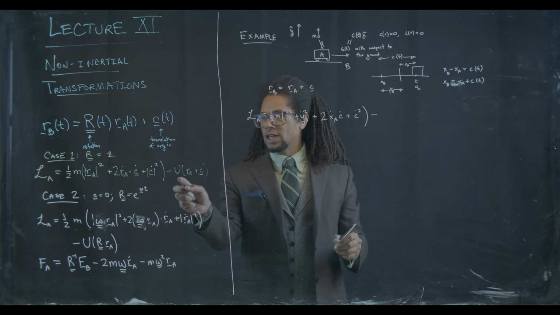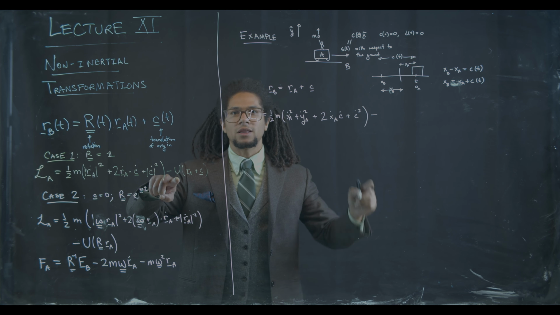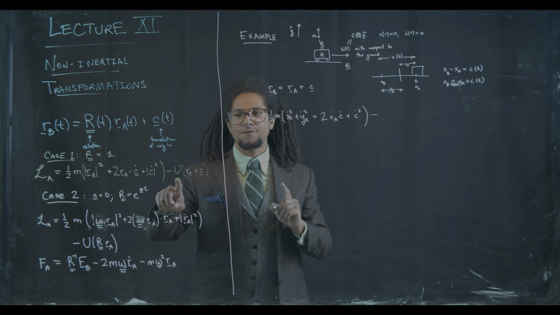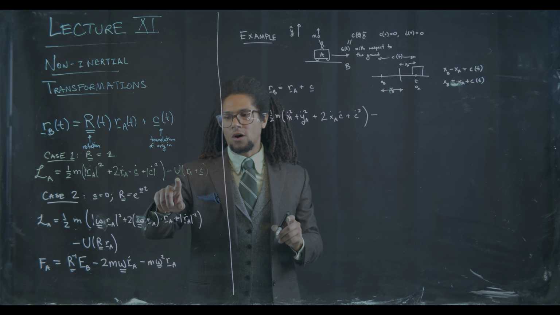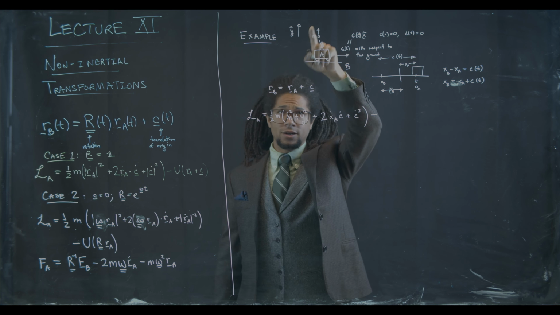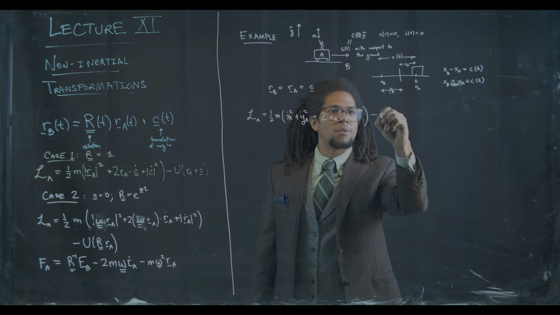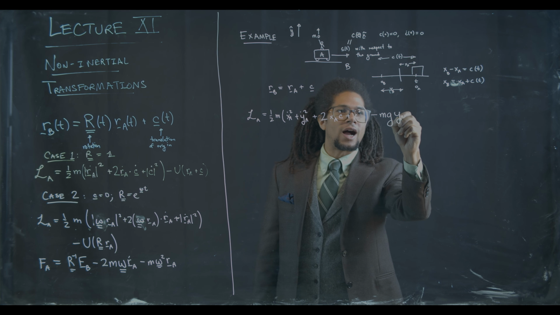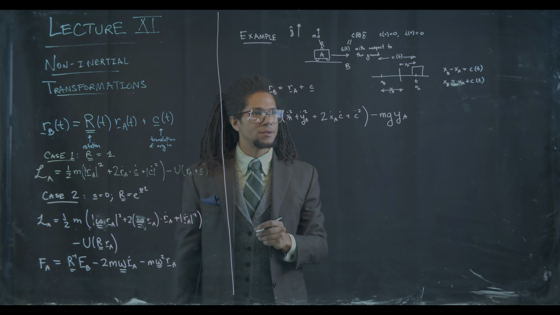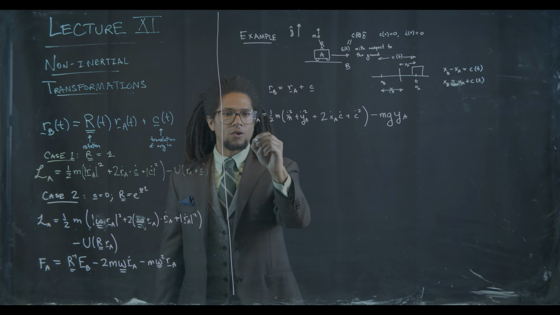But remember that U is the potential in the B reference frame, and that's fixed. That actually just depends on the y direction, but the y direction is the same between the two reference frames. So this is just minus m g y A. Great. Okay, now let's solve this.